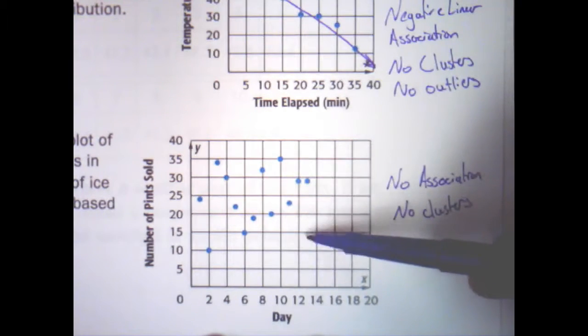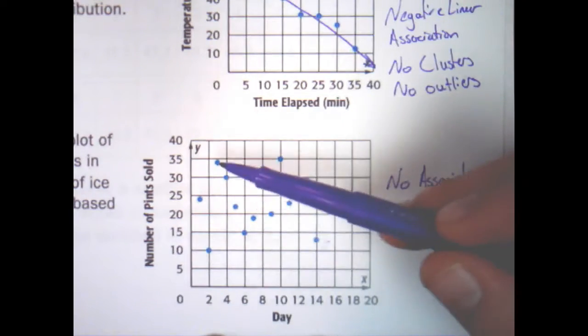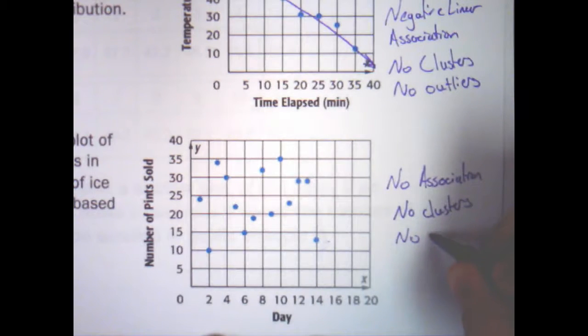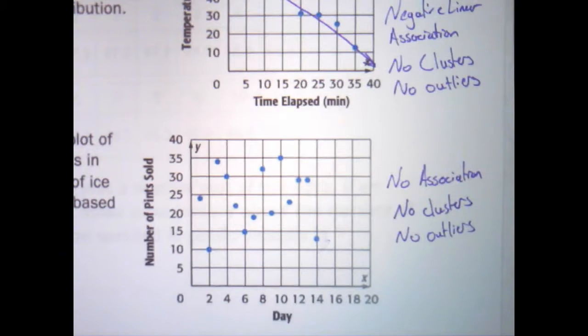Maybe you could consider this an outlier, but it's really no further away from the rest of them than these ones up here. So I would go no outliers as well. No association, no clusters, no outliers. Our data is just all over the map.